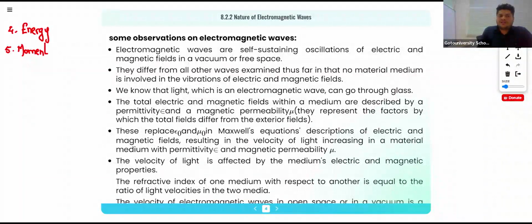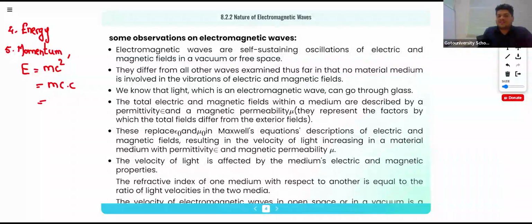If it is a wave, there will be momentum. What is momentum? Momentum is mass into velocity. We have E is equal to mc square. We have to find momentum. Momentum can be found as mc into c.